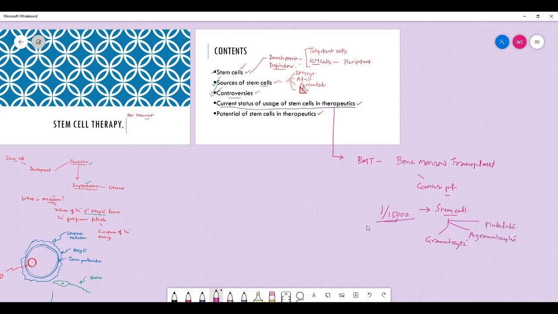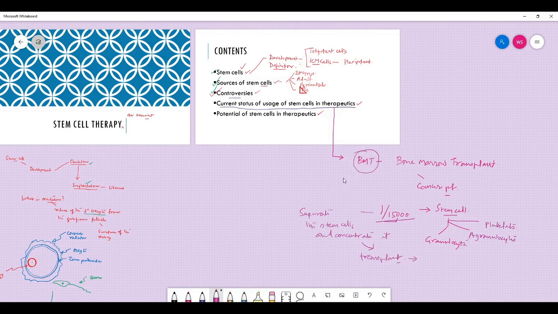So how can we make the bone marrow transplant better? If we can separate the stem cells and concentrate them, and then transplant, that would be a better way to do it.